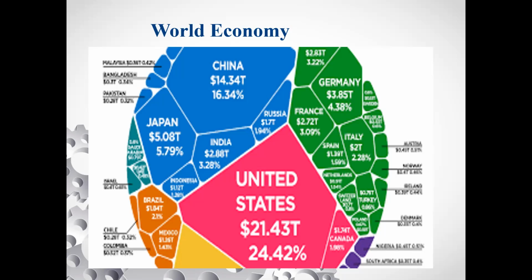And there are other factors also. See, the world economy is okay. What are the factors related to this world economy that will influence or will judge this demand of shipping industry?